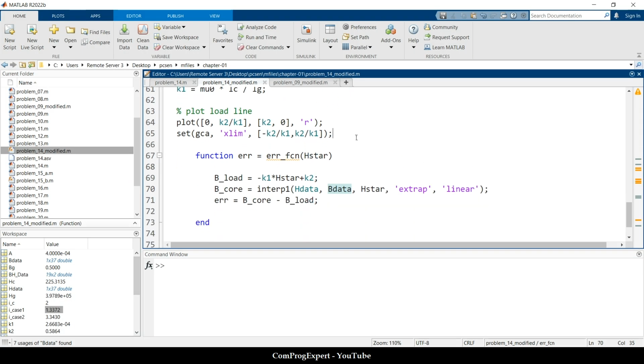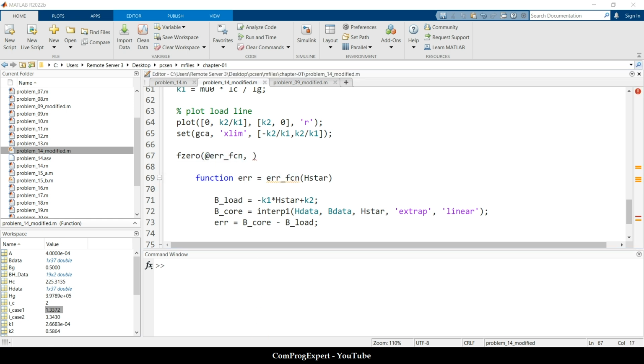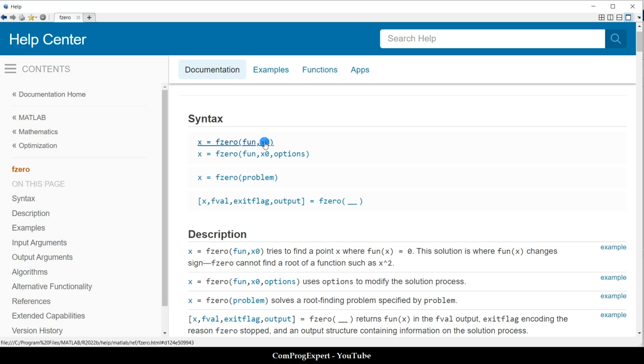So here, let's use the fzero function, the MATLAB fzero function, to find the root of the error function. We need the function handle. Also, when you use the fzero function, you can specify the starting point.